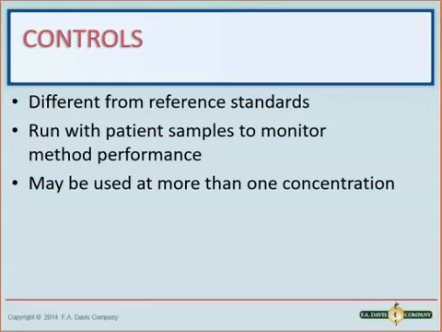They may be used in more than one concentration, like a high, medium, low, or just a positive or negative control. We run controls with our samples to make sure our testing methodology is good and that we're putting out quality patient results. It's all part of our quality control program.